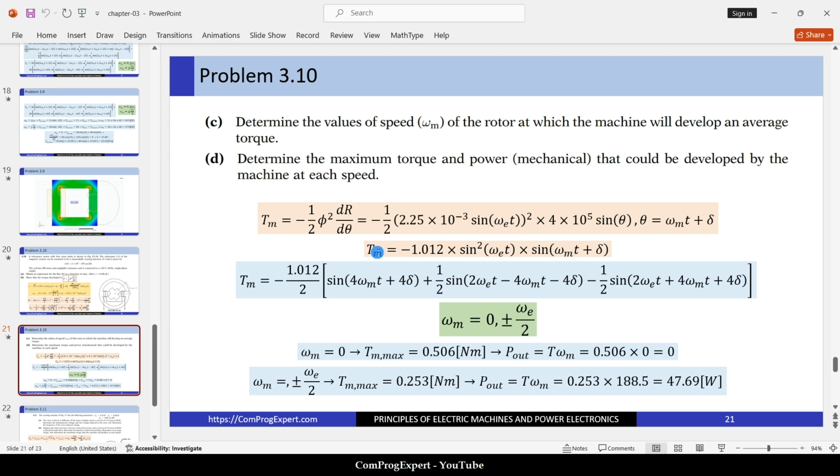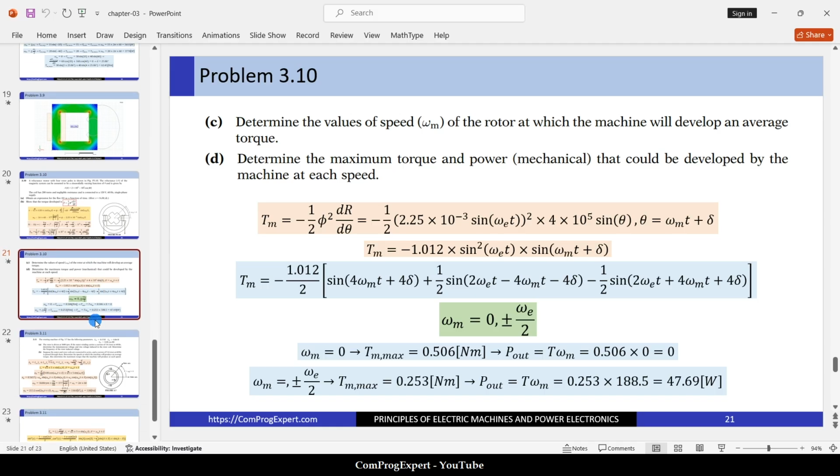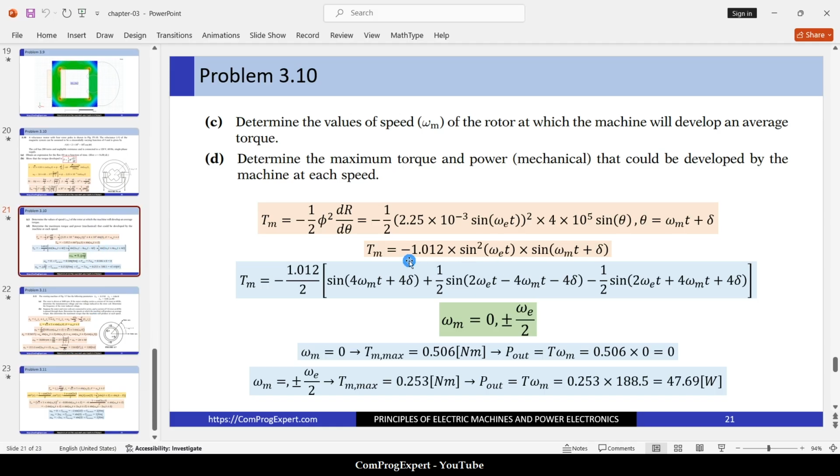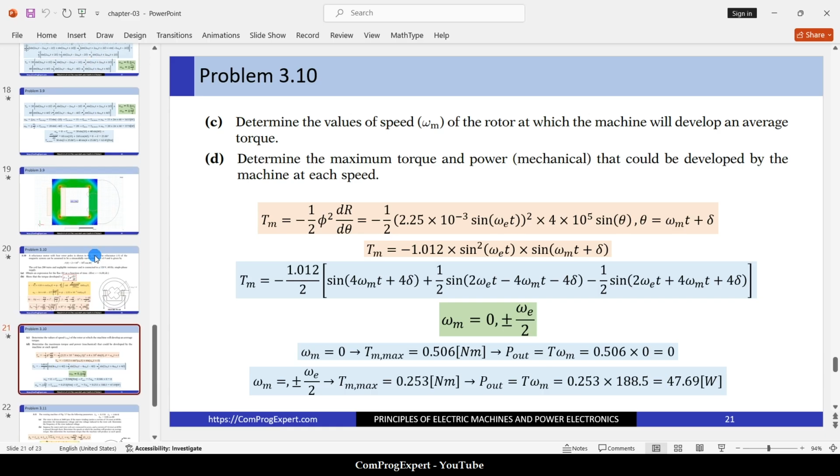You can simplify this equation using the equations that we had. How can you simplify it? Sine of omega e t to the power 2 times sine of omega m t plus delta.